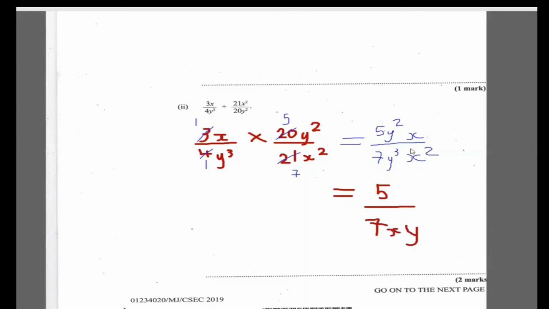It's 5 over 7xy. Y squared over y cubed is 1 over y. X over x squared is 1 over x. And so that's what we have. So we're doing pretty good. That takes care of that question. Nice and easy.